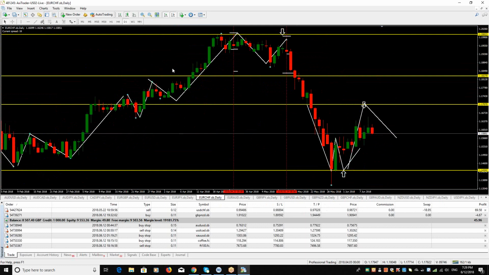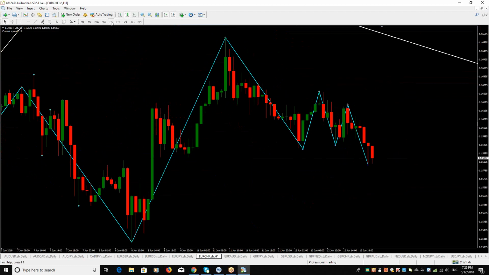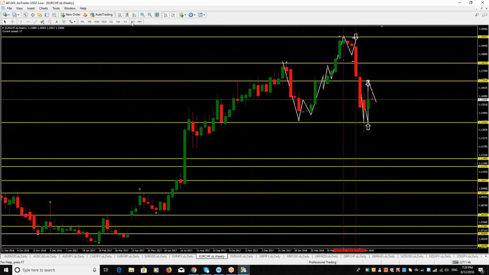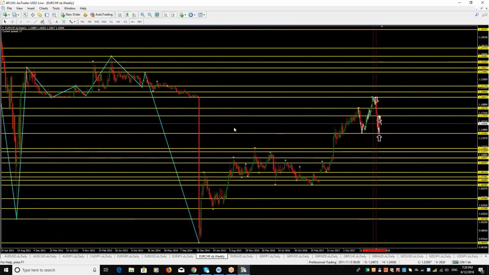So let's have a look at this market here, okay? We've already done that, so we go on to our weekly. Remember, I've got to go onto my weekly, and on the weekly I've got to make sure that I highlight the different missing zones.